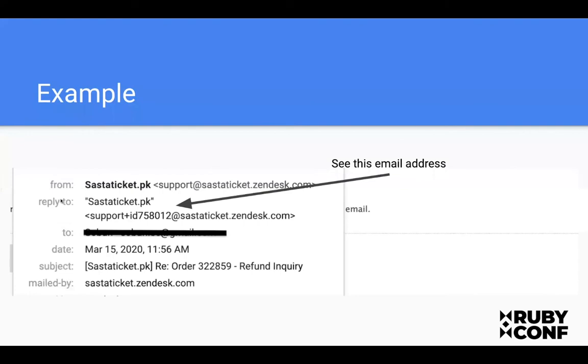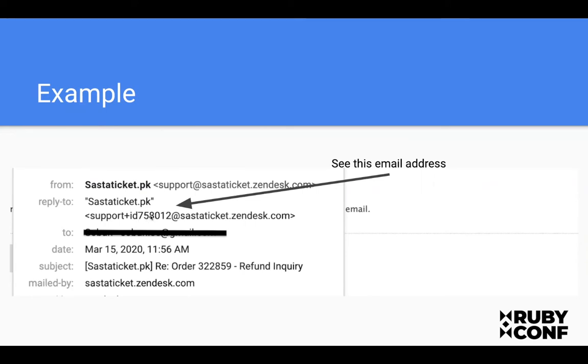If we go here, we receive the email from this support address, but it contains a reply-to path. If I reply to this email, my reply will be sent to this address: support plus ID at ticket.zendesk.com.